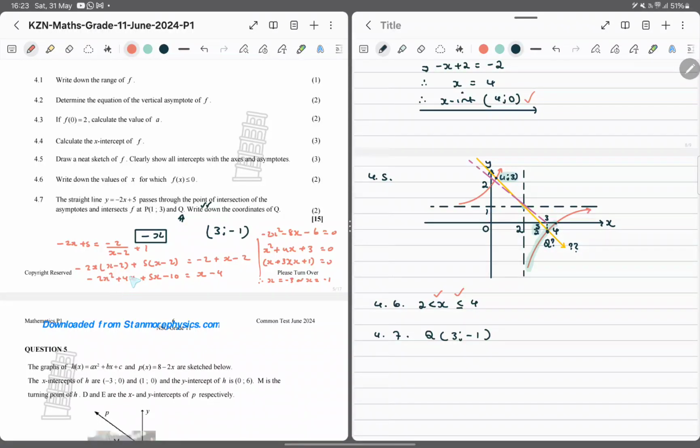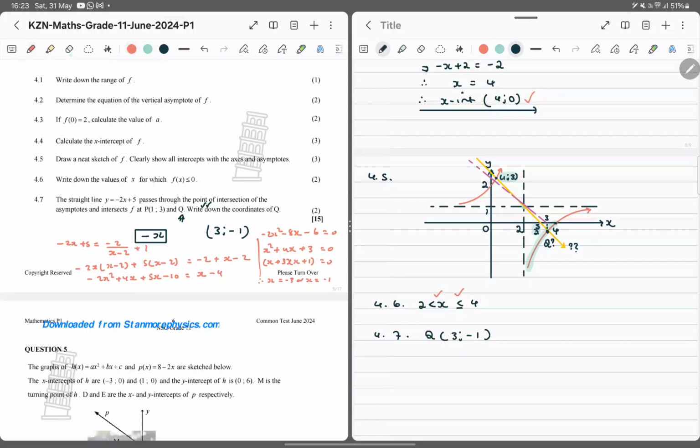And then I've got 4x, 5x, that's 9, 9 minus 1 is 8. This is plus 8.